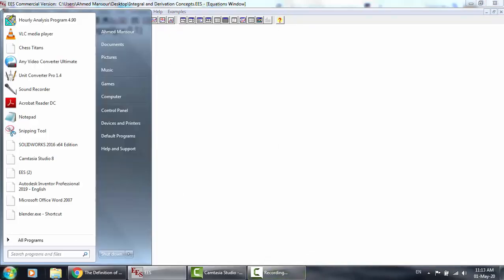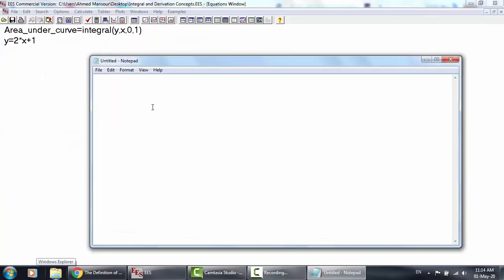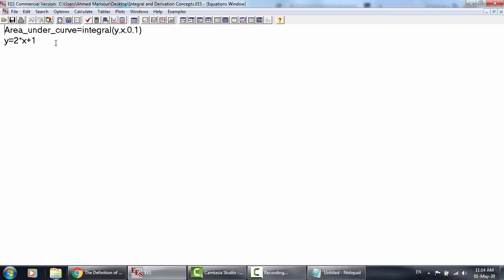So also again the integral, just get the notepad. So the area will be x square divided by 2, so we're gonna cancel this, plus x, and from 0 to 1, this is the area or the integral or the integration of this function.